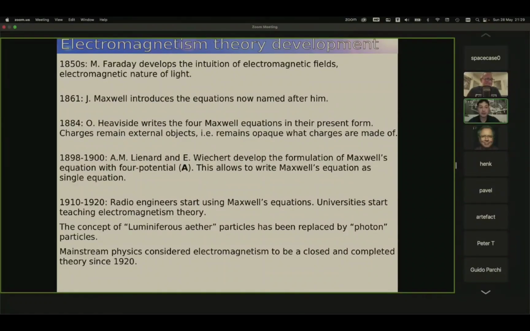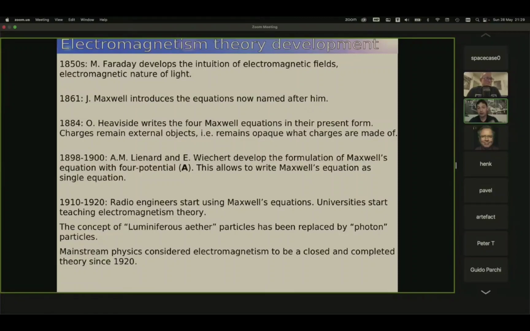Now, in these equations, what is important to keep in mind is that charges remain as external objects put into the equations by hand. In other words, the equations themselves do not tell you what charges are made of. Okay, then the next step in this theory development happened at the turn of the 20th century. Liénard and Wiechert developed a formulation starting from the 4-potential. This is a vector object.